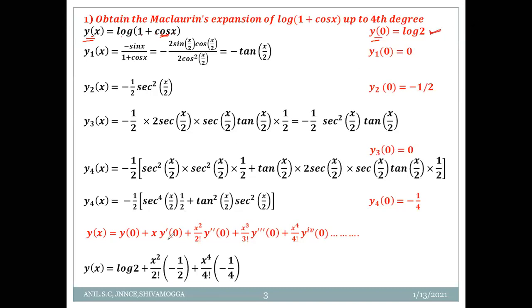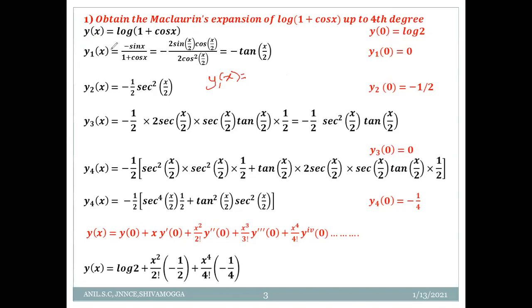Next we find the first order derivative, that is y dash. To find y dash, differentiate this given equation throughout with respect to x. The derivative of y of x is denoted by y dash of x or y1 of x. In either way you can denote this, or simply y1.